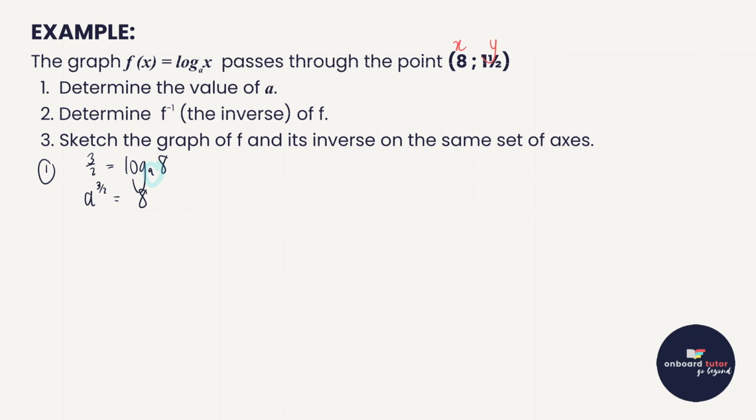Let's check that. a would be our base, then the number on the other side becomes the number of the log, and the exponent, because we're working backwards, is the thing that would have been the subject of the formula. So a to the 3 over 2 is equal to 8.